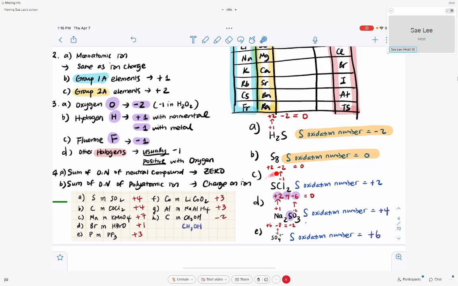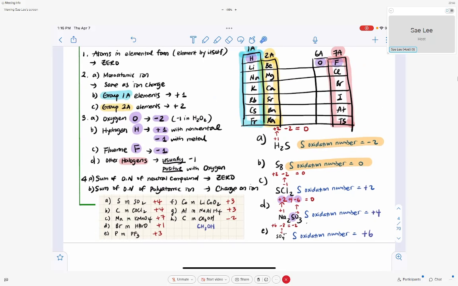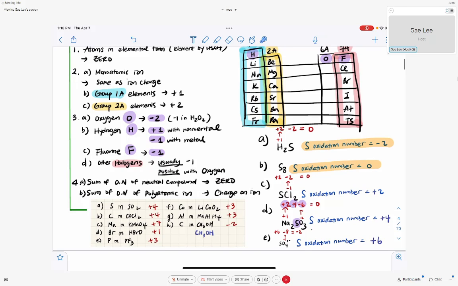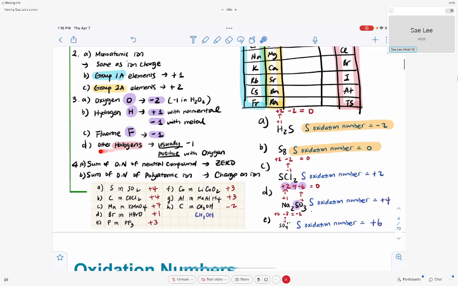The information we can use from the third rule over here is that halogens, I didn't discuss the halogen rule over here, but halogens will usually have oxidation number of -1.